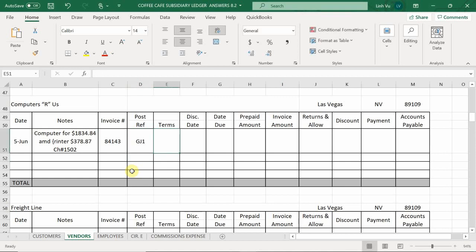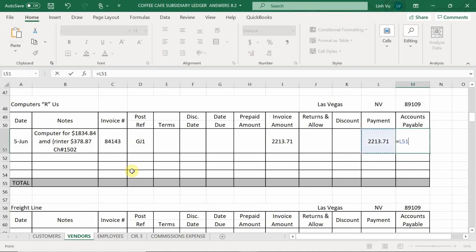Now, because you went in store and bought it, were you given terms? No, because you paid at the store. What was the total amount? 2,213.71. Good. And how did you make payment? Check. Yes, you used a check for 2,213.71. So you paid the whole thing in full. Do you owe Computers R Us any money?